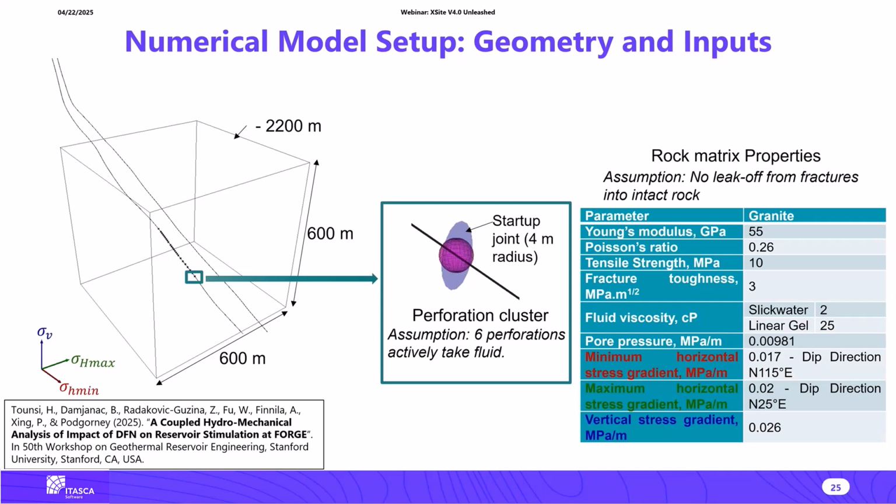That is a very important thing to model limited entry and distribution of the fluid between different perforations within the same stage. The code can simulate proppant transport and proppant placement, and it can simulate fracture closure on a proppant and also the effect of proppant on induced permeability.